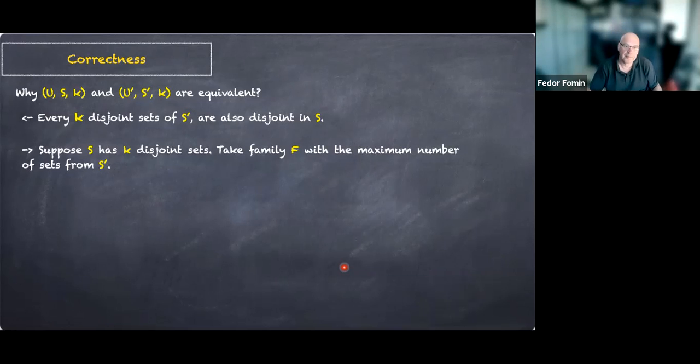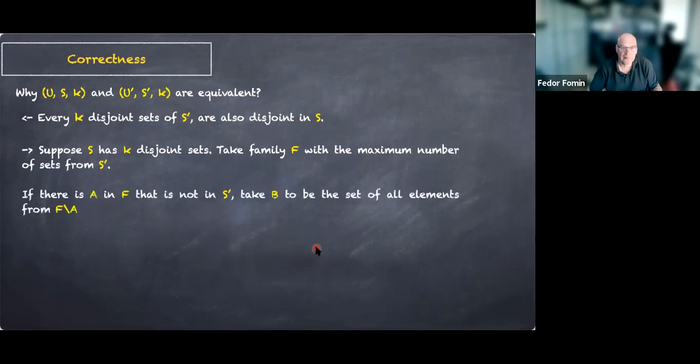Now, if all elements of F are in S prime, then all sets in F are disjoint and its cardinality is k, which means that S prime also has k disjoint sets.